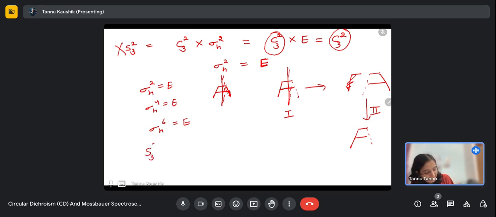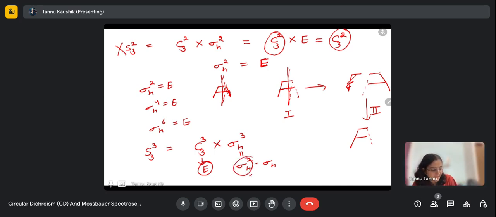Now this is S33. We have C33 axis of rotation and then sigma h cube. So C33 is basically the identity operation now. Got it? And this sigma h3 we can represent as sigma h square into sigma h, right? So this sigma h square is the identity operation.